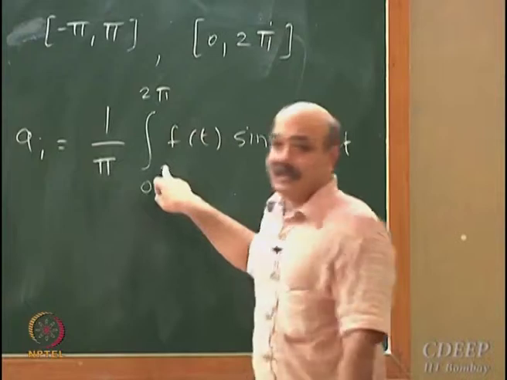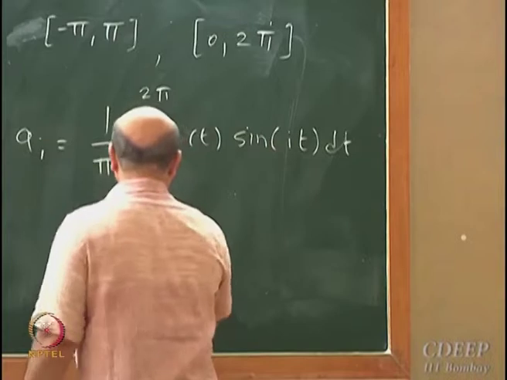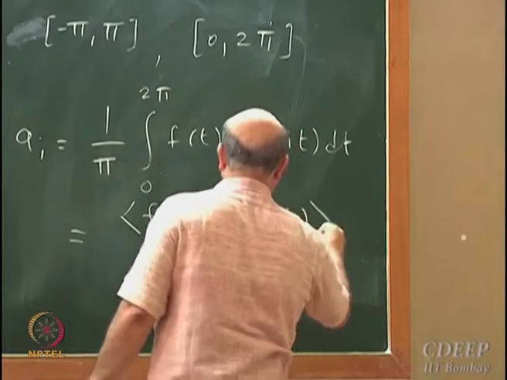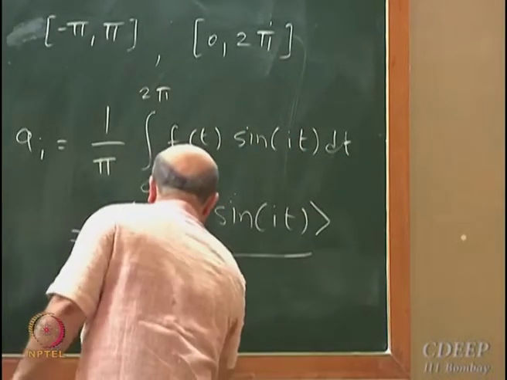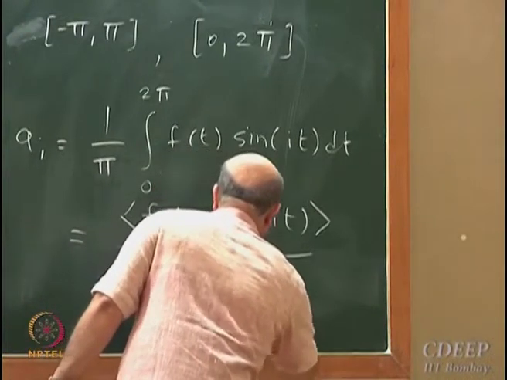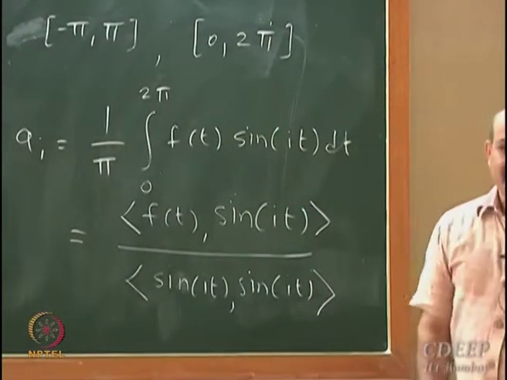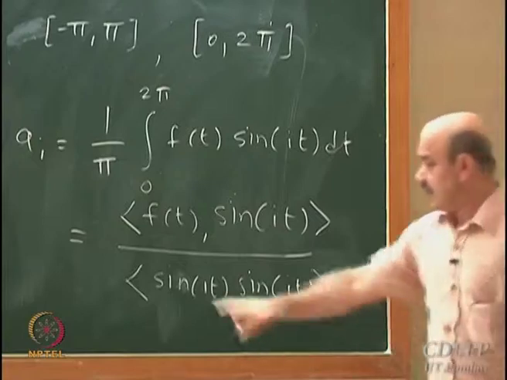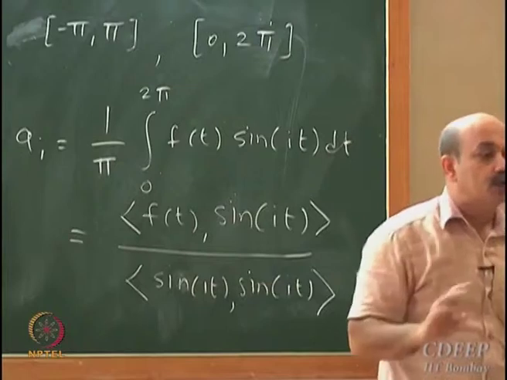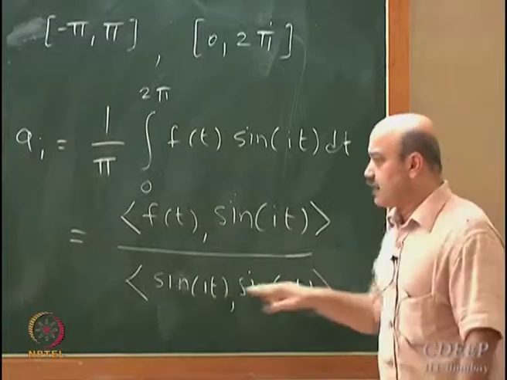First of all, remember that this is nothing but the inner product of f(t) and sin(it) divided by the inner product of sin(it) with sin(it). This is a normalizing factor 1 by pi, which comes because sin(it) is not an orthonormal vector. I want to get an orthonormal direction. So this is what it is.